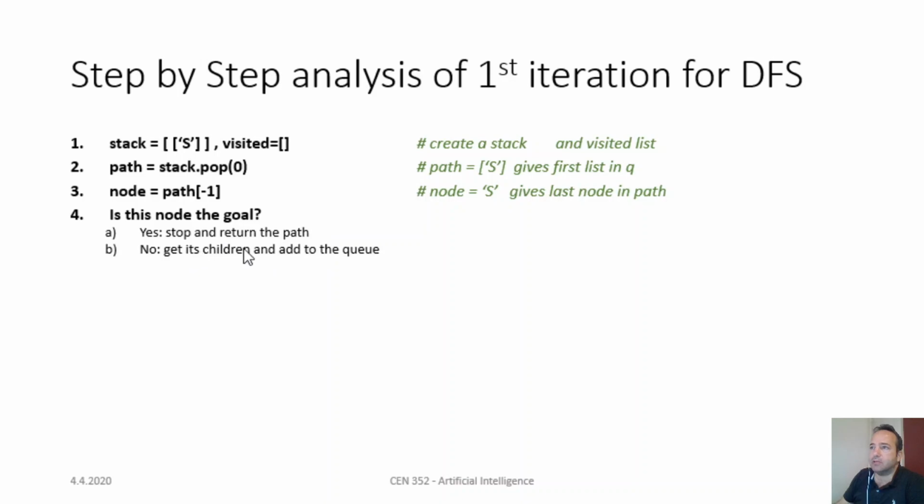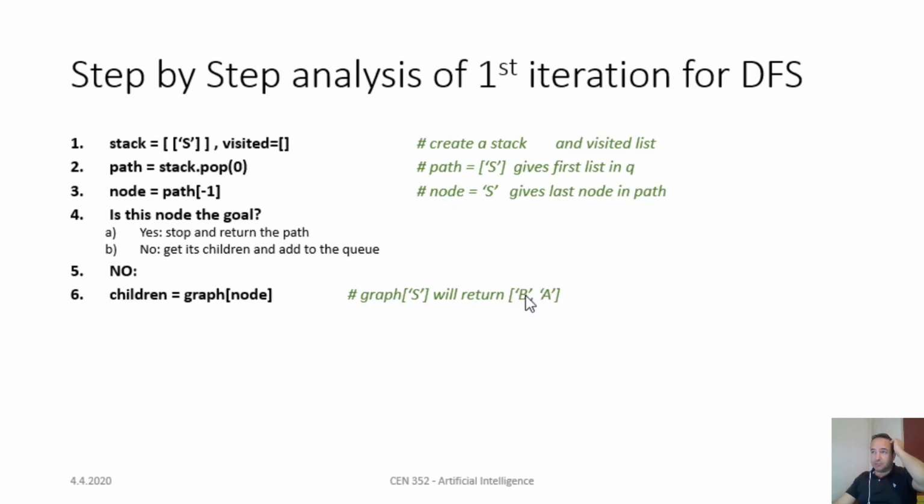If it is no, then get its children and add them to the stack. So since it is no, we are going to get its children. How are we going to get them? Using this node as a key, we are going to call the values of that key. These values will be the children of that node, which are B and A. As you see, I put them in the dictionary in reverse order.